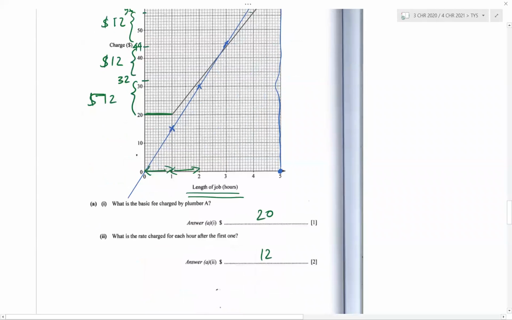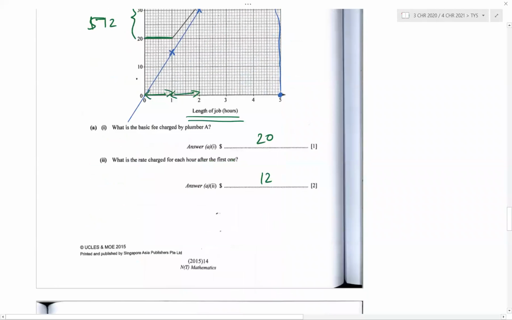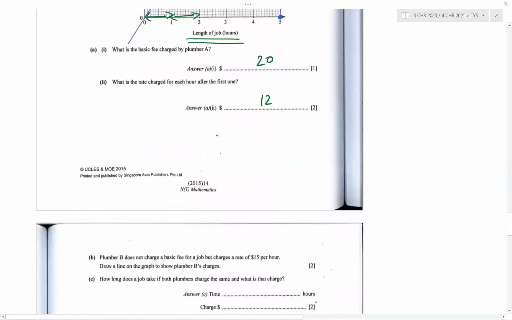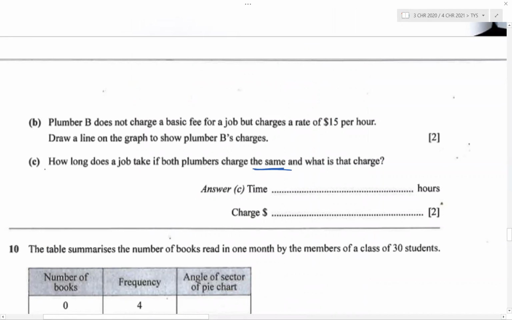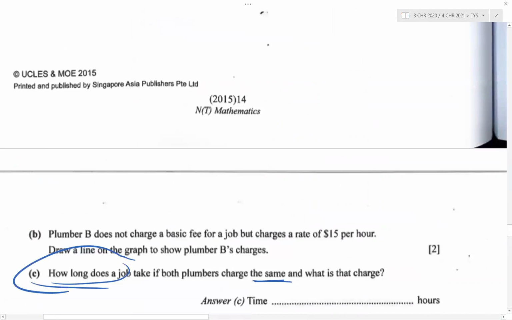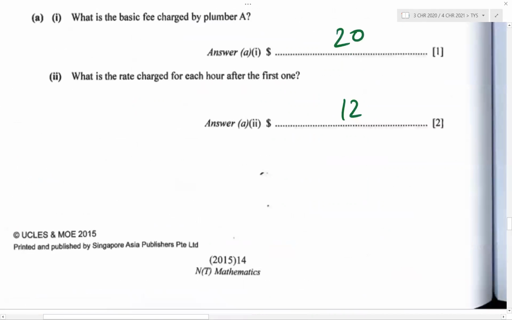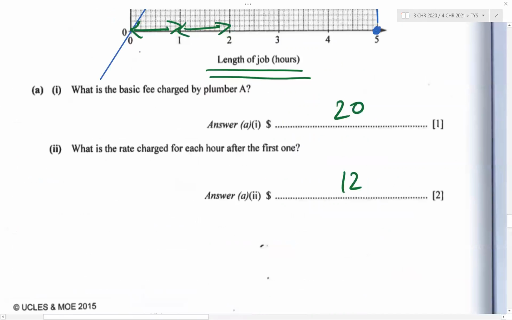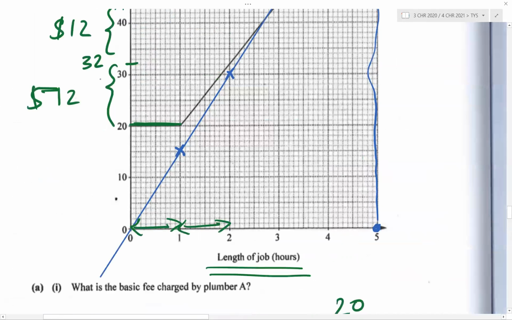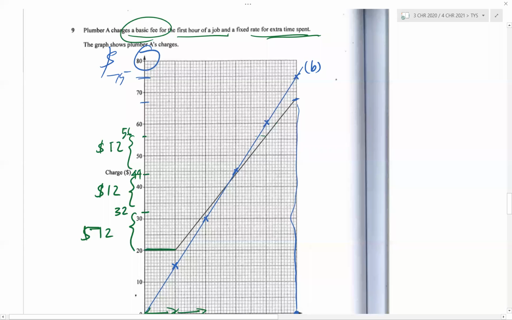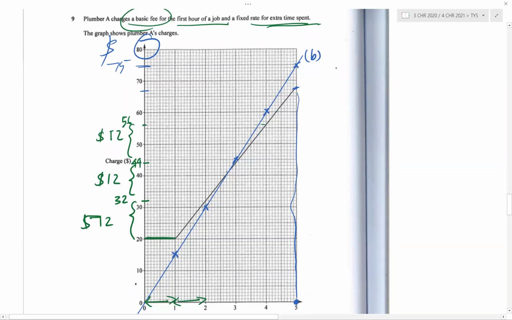Now they are saying that there is a certain job that they charge the same, and they want you to find out how long it takes. When do they have the same charge? So our vertical axis, this over here, is the cost. When is it that they have the same cost? So we look at where they meet. They meet over here. Look at your graph.